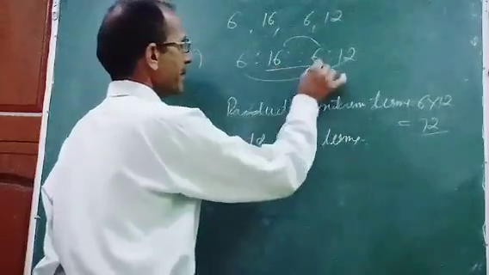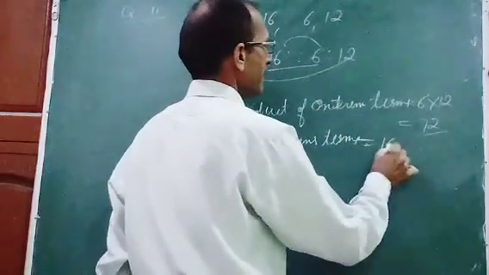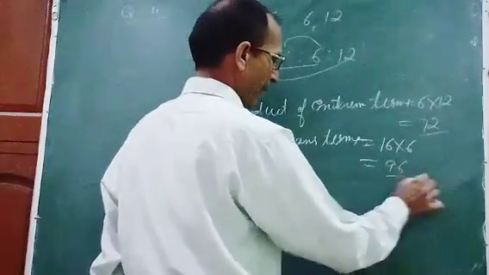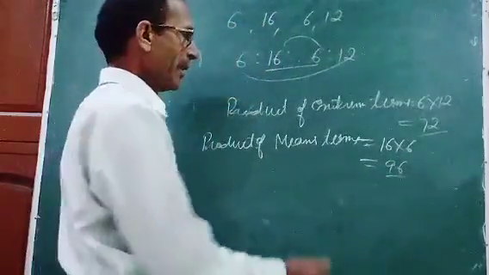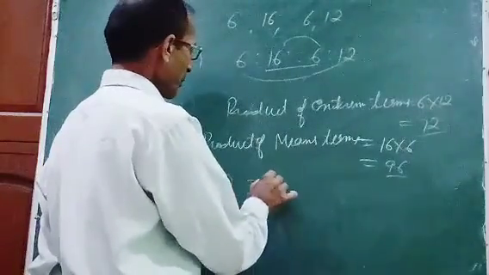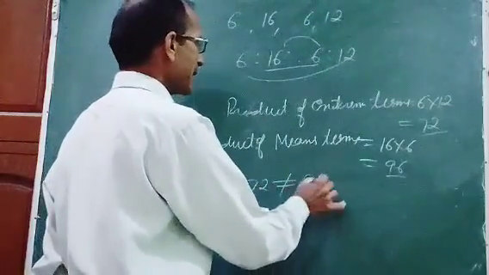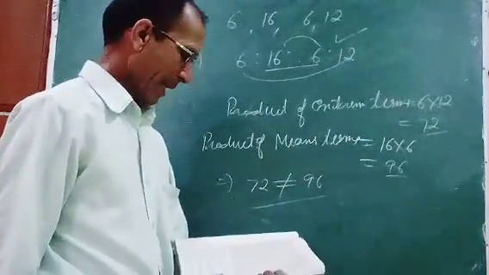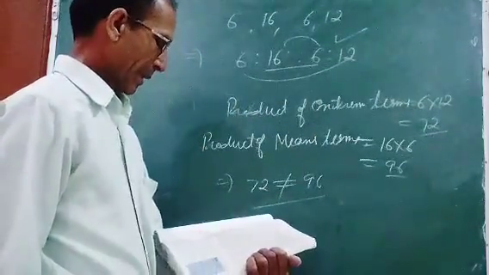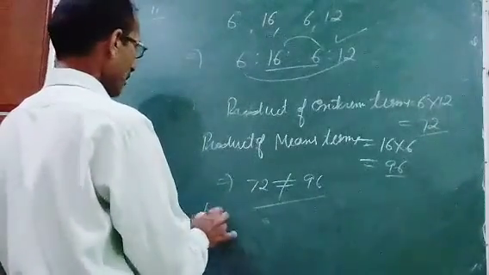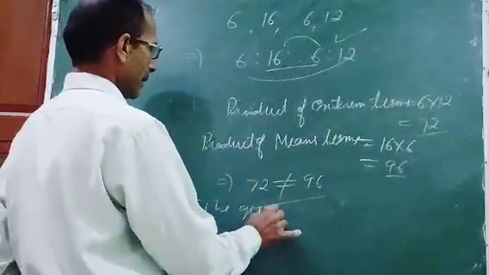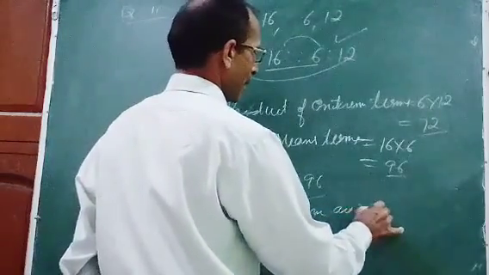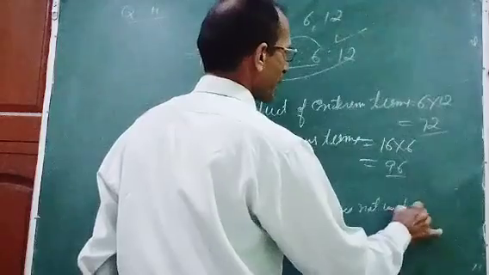Means terms are 16 and 6. Their product is 96. So 72 is not equal to 96. So these are not in proportion. The given terms are not in proportion.